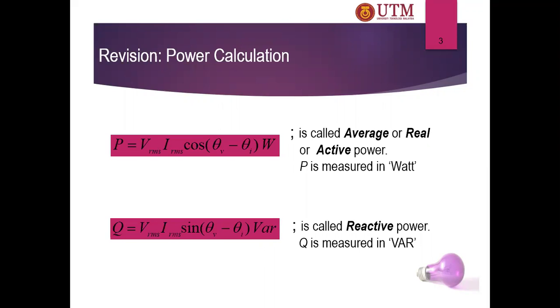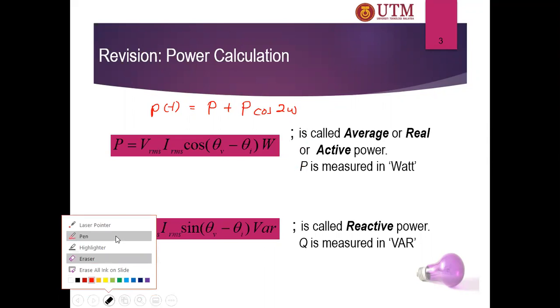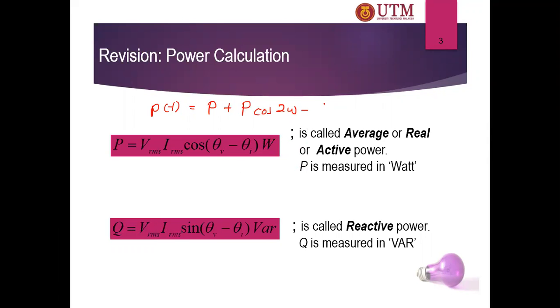Just for a revision from the past week's lesson, we already know what we call instantaneous power. Instantaneous power can be written down as P plus P cos 2 omega t, should be minus Q sin 2 omega t.